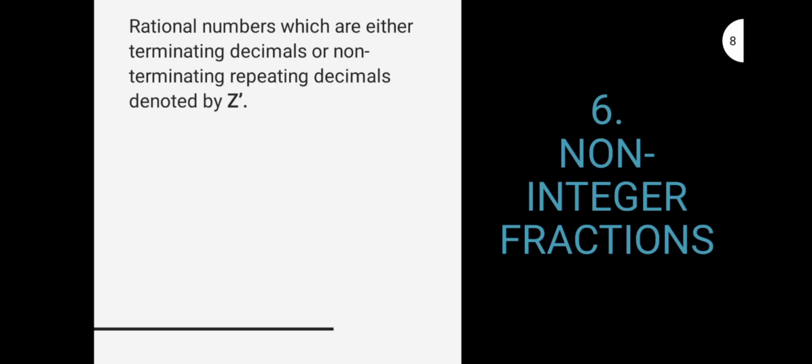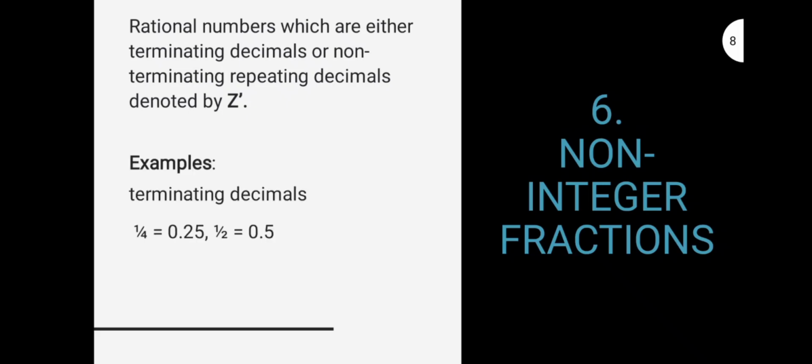Let's now proceed with the sixth set, which is the non-integer fractions. These are the rational numbers which are either terminating decimals or non-terminating repeating decimals, denoted by Z prime. Examples: for the terminating decimals, we have 1/4, which is equal to 0.25, and 1/2, which is equal to 0.5.